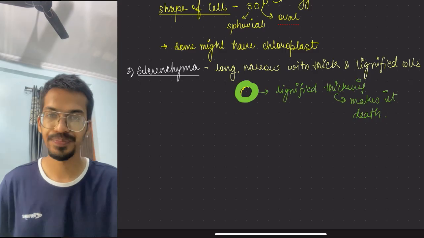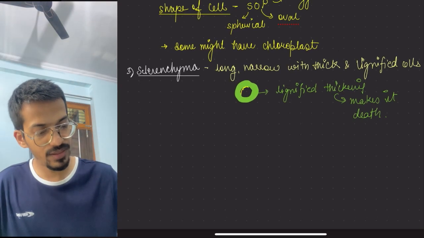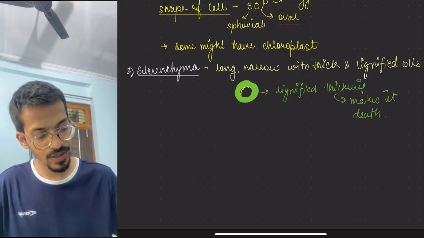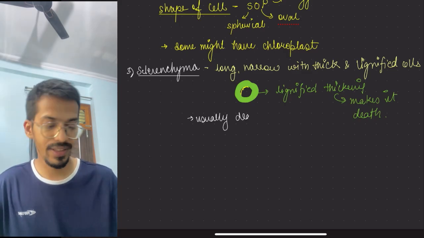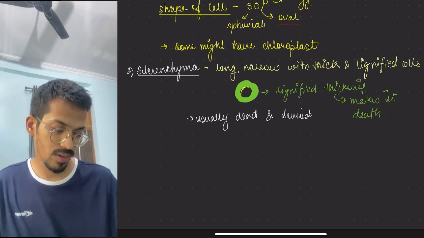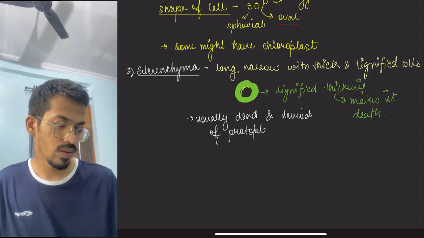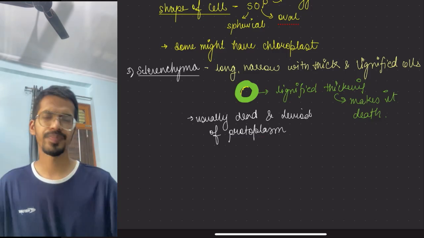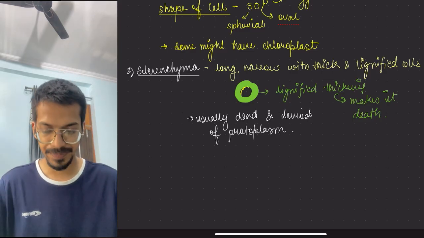Clear? Now usually they are dead. So this we will write: usually dead and devoid of protoplasm. Because later on when they mature, the protoplasm is not present.